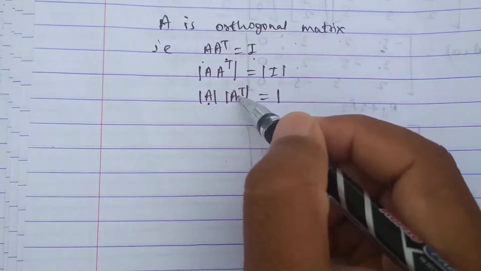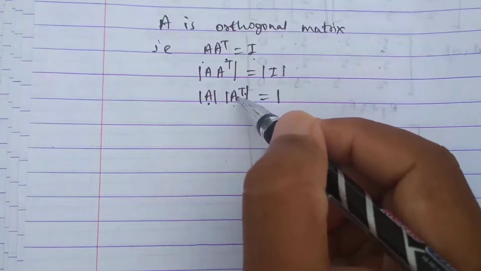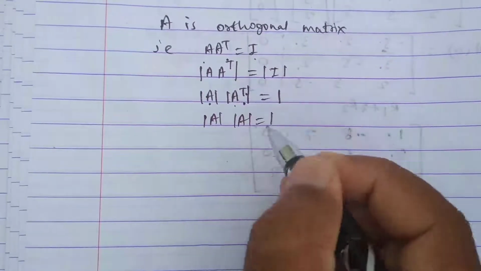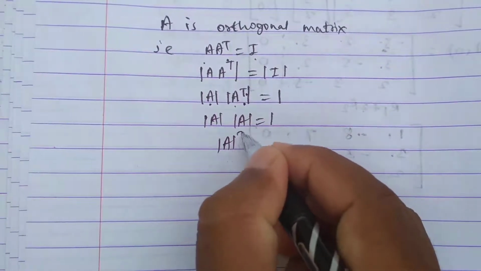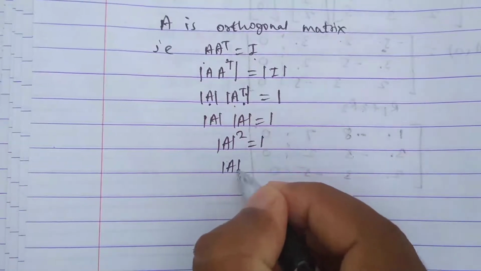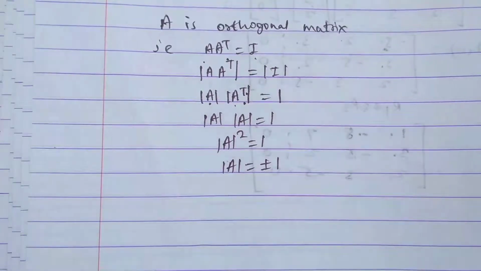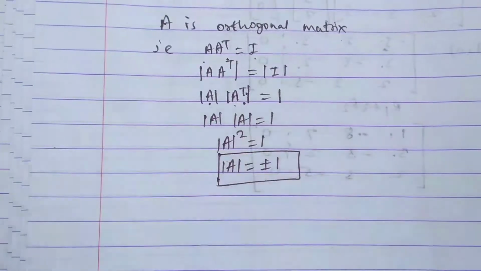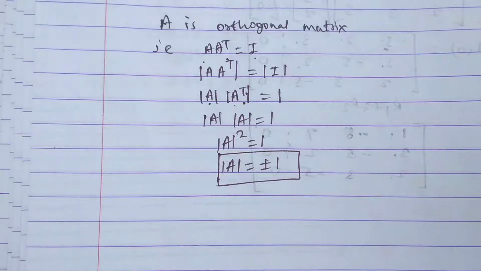So instead of writing determinant of A transpose, we can also write determinant of A. So determinant of A into determinant of A is equal to 1. That means determinant of A square is equal to 1. That means determinant of A is equal to plus minus 1, taking root on both sides. So if A is an orthogonal matrix, then determinant of A is always equal to plus minus 1.